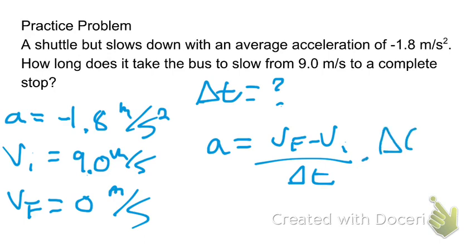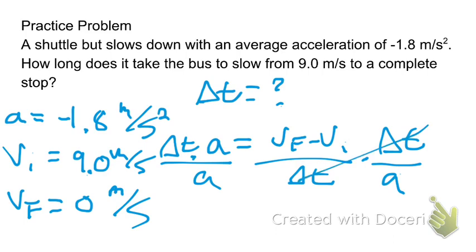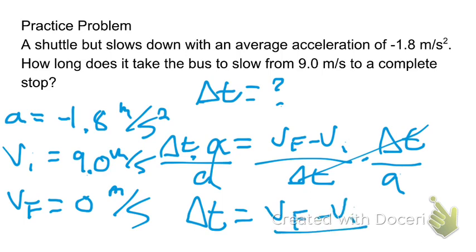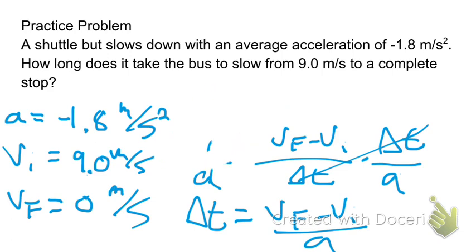So if we multiply by change in time and divide by acceleration, we will discover that change in time is equal to velocity final minus velocity initial divided by acceleration. So now we can use that equation to solve for time. Just gonna make us some room here.